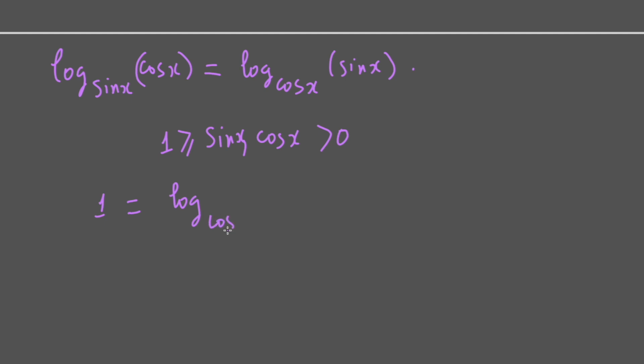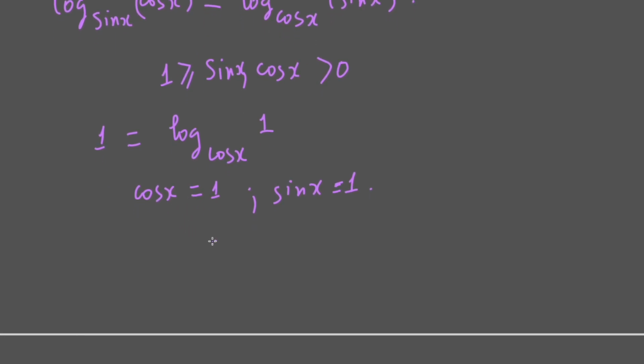And log base cos x of 1 means cos x equals 1, and sin x also equals 1. That's impossible. So it means sin x and cos x have to be smaller than 1. Finally, we have the condition that sin x and cos x are between 0 and 1.